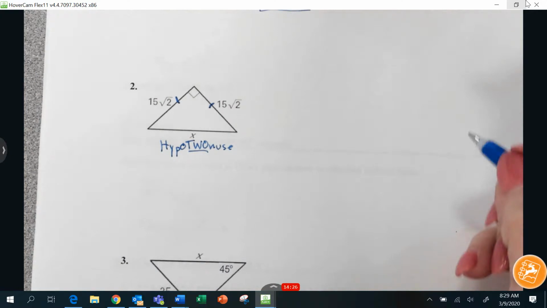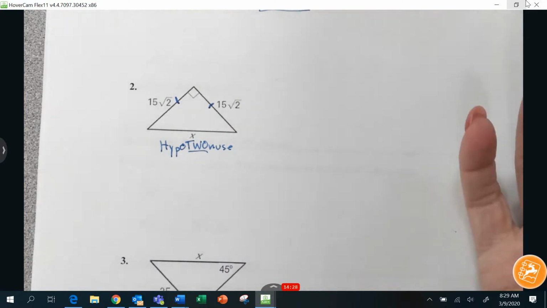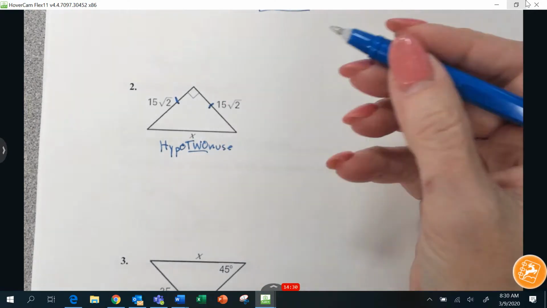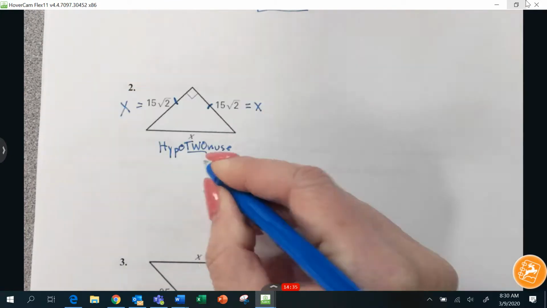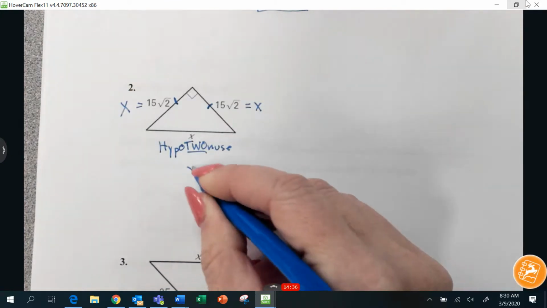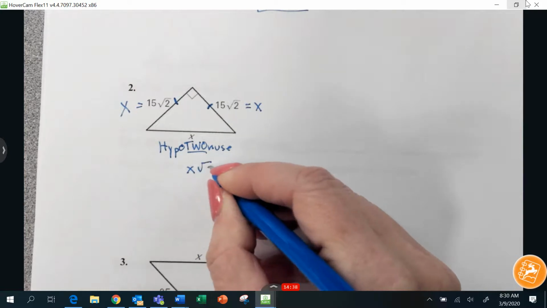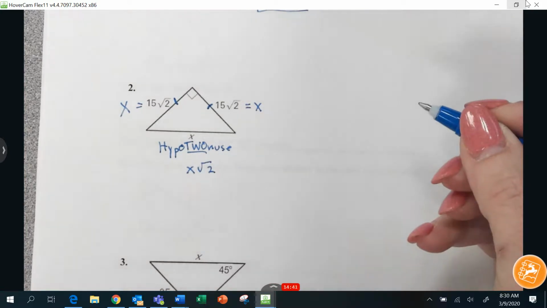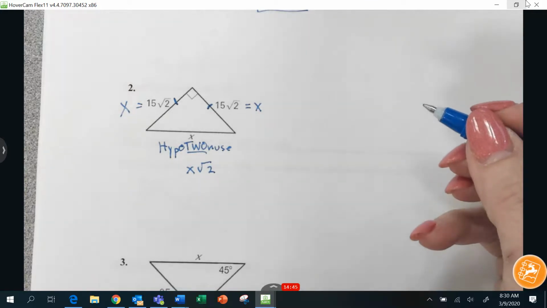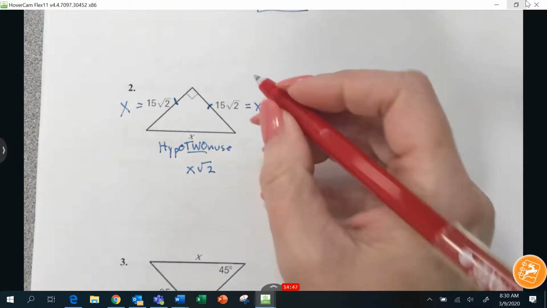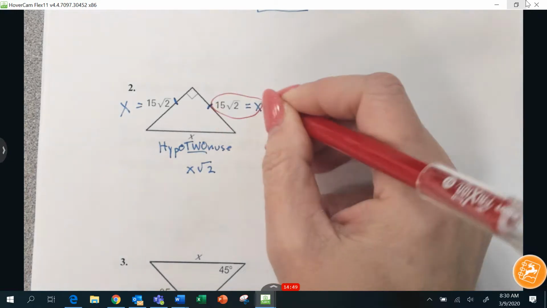We need to find the hypotenuse. So ignore the fact that it's an x right now. This is our x side, and the hypotenuse is x radical 2. I already know what x is. X is 15 radical 2.